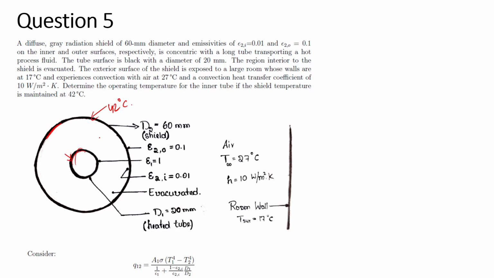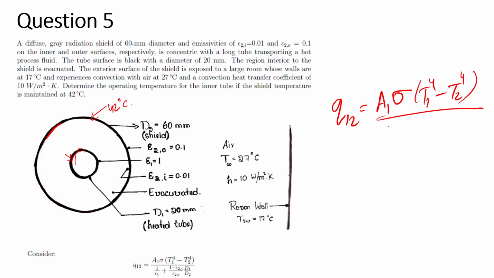In the previous questions, the surfaces we were considering were black bodies, whereas in this case we have been given a gray body. So for that the net heat exchange by radiation will be given by these equations. That is, Q12 will be equal to A1 sigma (T1 raised to 4 minus T2 raised to 4) divided by (1 upon epsilon 1 plus (1 minus epsilon 2I) upon epsilon 2I times D1 upon D2).